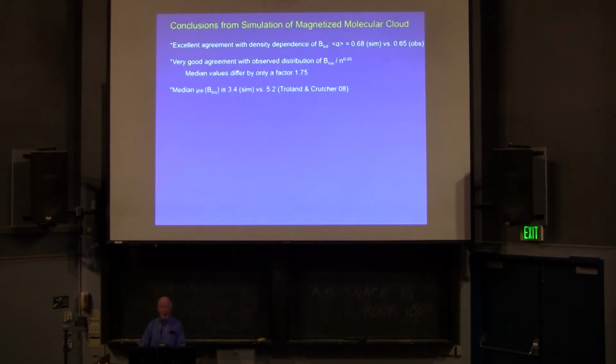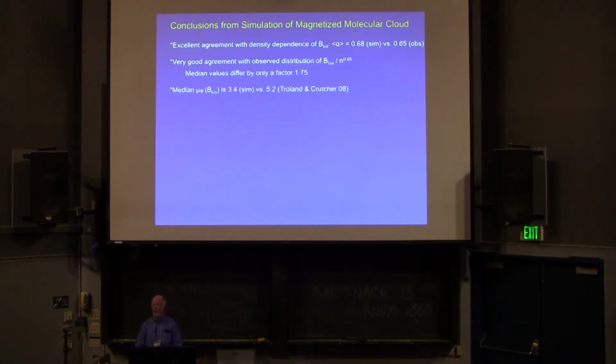So the conclusions from the simulation of the magnetized molecular cloud are that we have excellent agreement between the dependence of the total field with density and this power law exponent. We got 0.68. If you average over time, the observed value is 0.65. Both are consistent with 2/3. They get very good agreement with the observed distribution of the line of sight field divided by n to the 0.65.